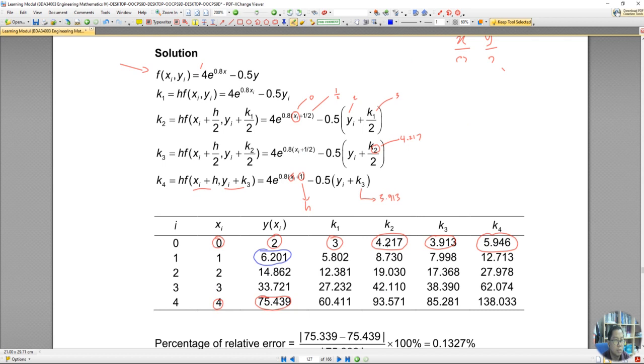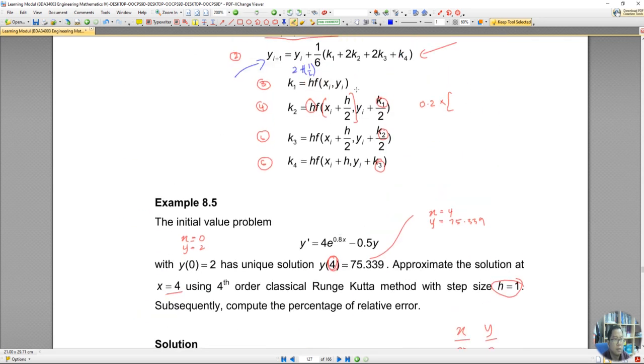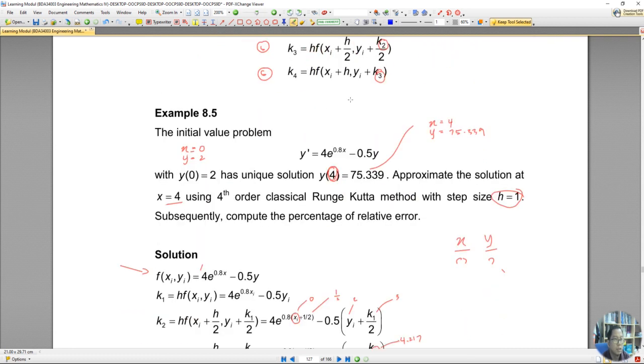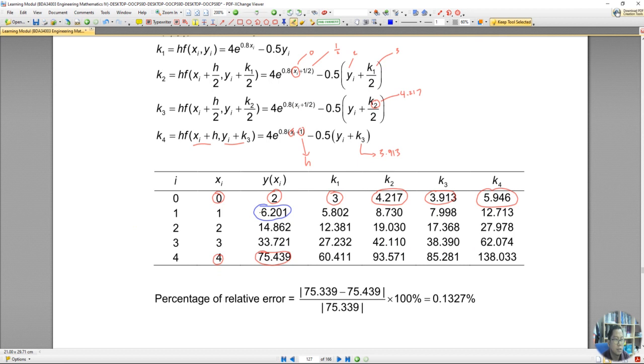K1 is 3, k2 is 4.2, then k3 and k4. So you follow this formula in order to identify the value of y(i+1) from the current value of y.